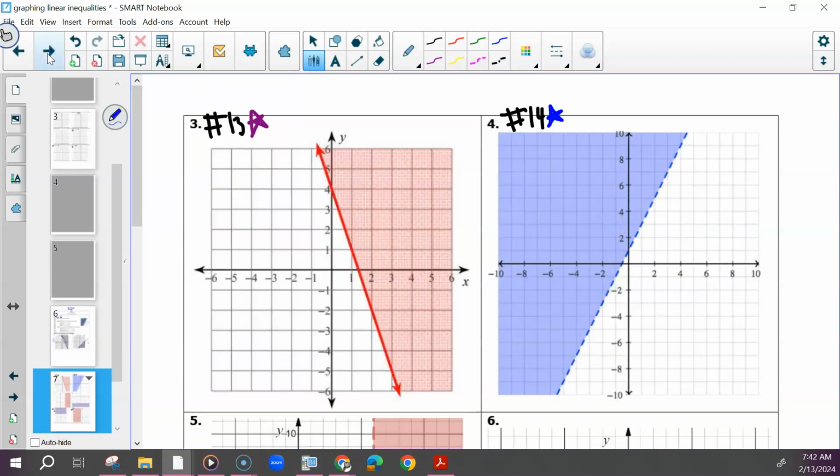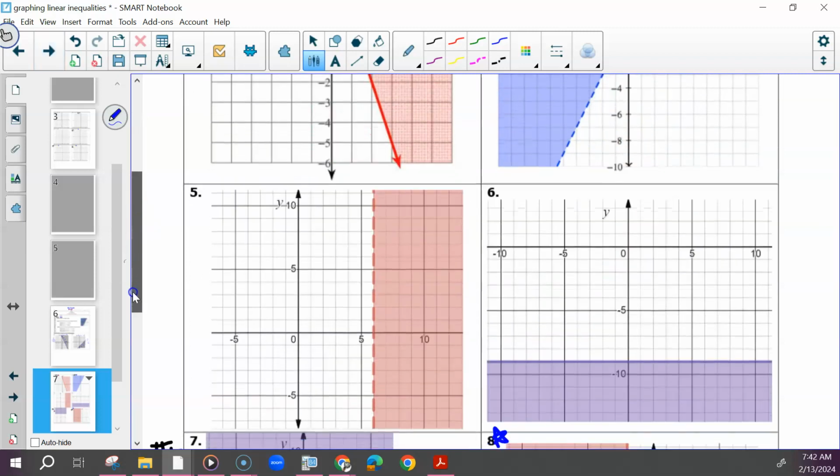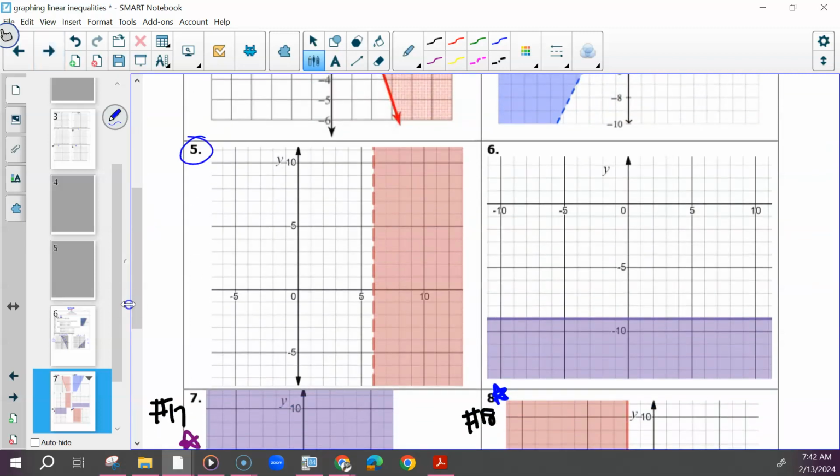What questions do we want to see on that page? Which one? Number 5. Any others?